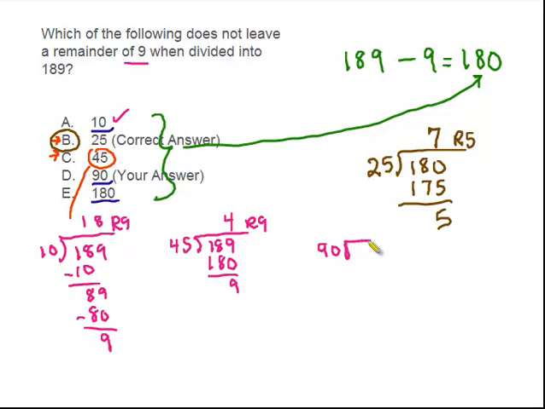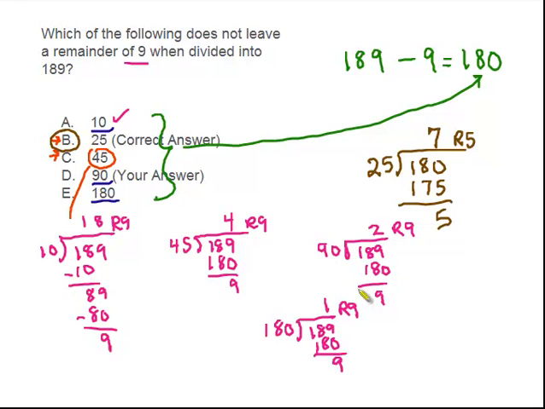90 into 189. That would be 2 times. It's 180, again a remainder of 9. And then 180 into 189. It's 1. Again leaves us with a remainder of 9.